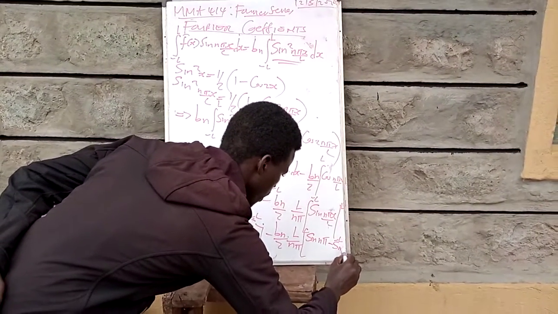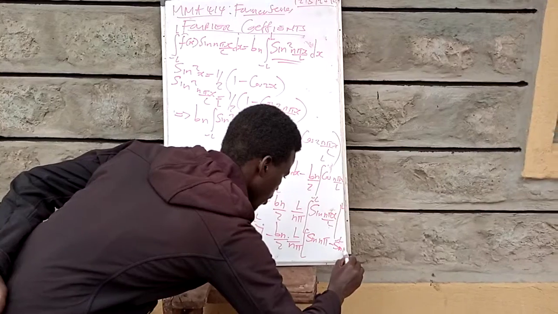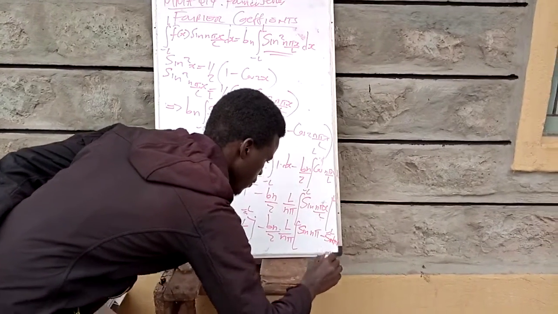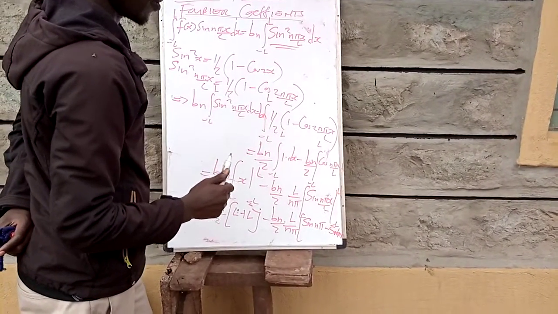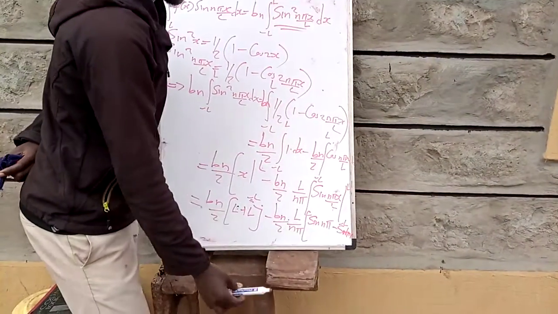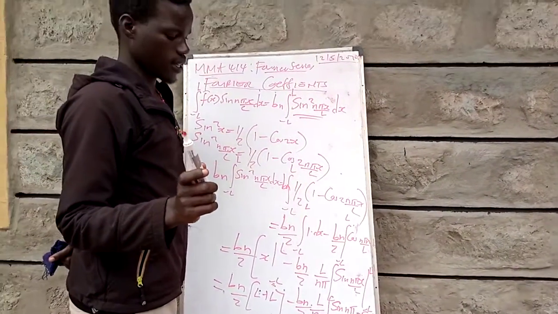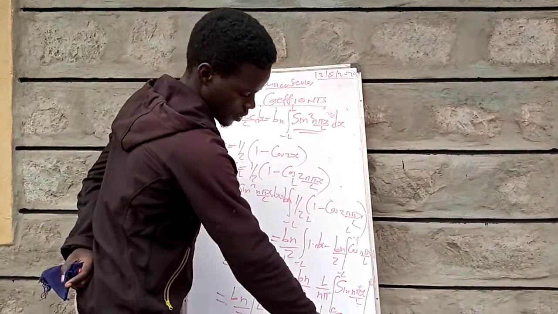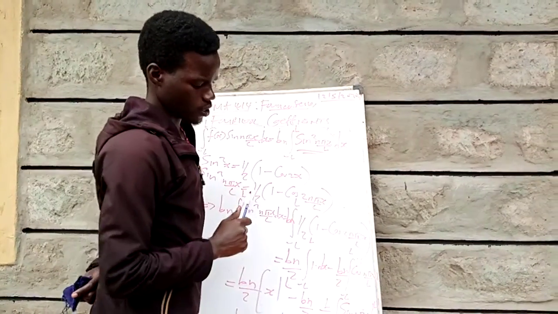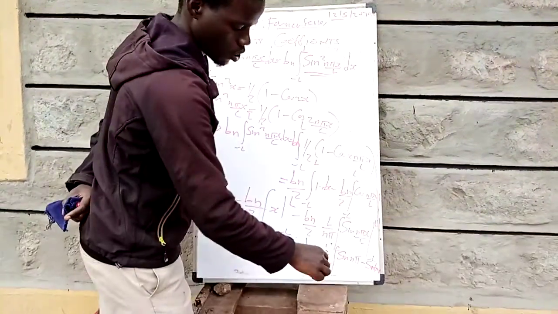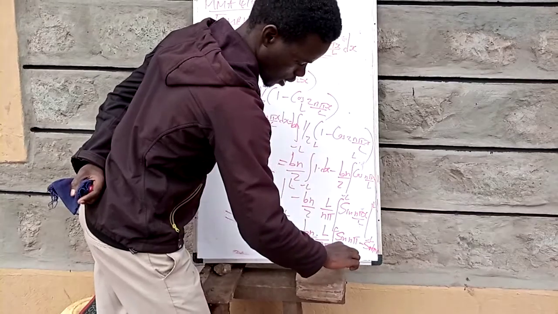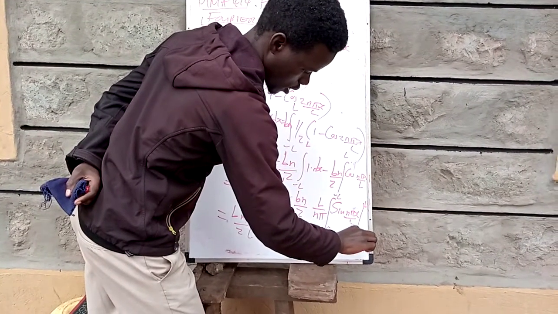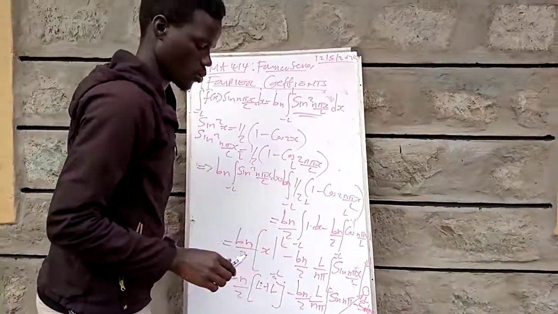So sine n pi, it's a negative. So sine n pi with a negative. But remember, like I said, sine of n pi is always equal to 0. So as you can see here, everything else here will drop down to 0.